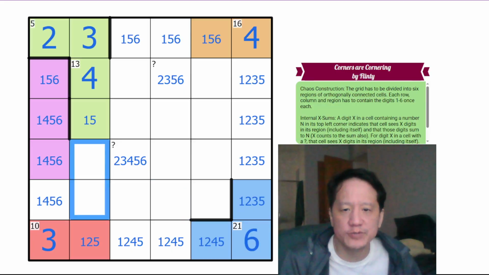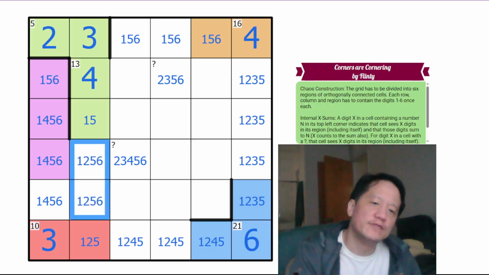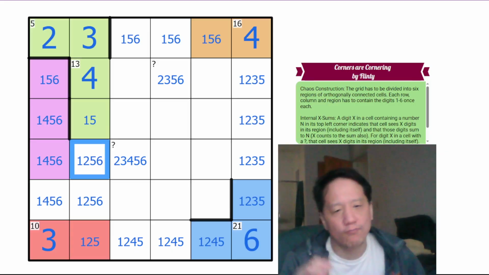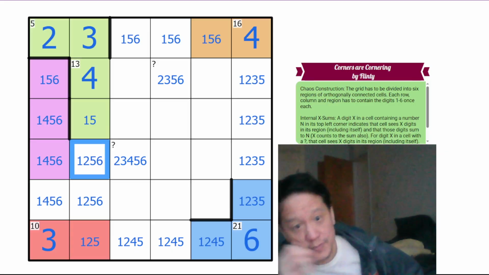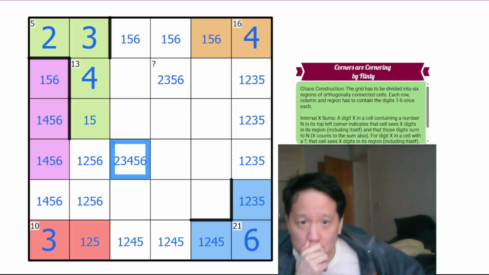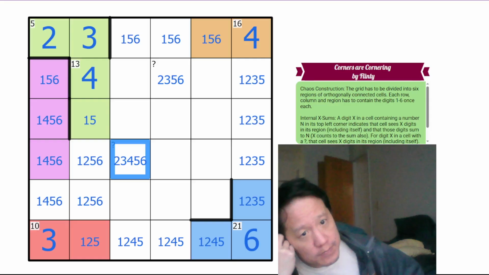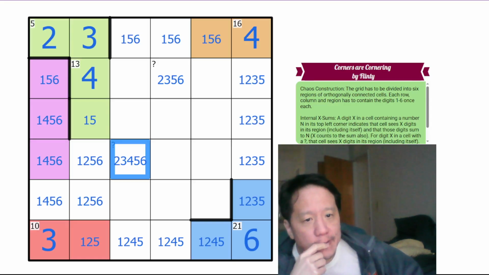Remaining digits in column 2. We have 1, 2, 5, and 6. Okay.